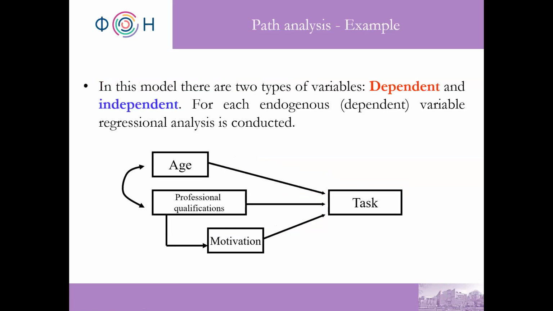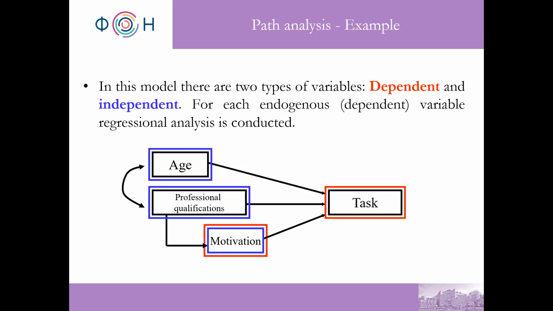Another thing which we should also observe here are our dependent and independent variables. For each of our dependent variables, we will, as an output, obtain an equation. So what we can see first is that age, professional qualifications, and motivation are our independent variables. As we said, they are having an impact on our task.